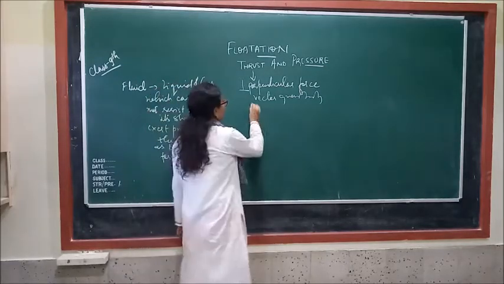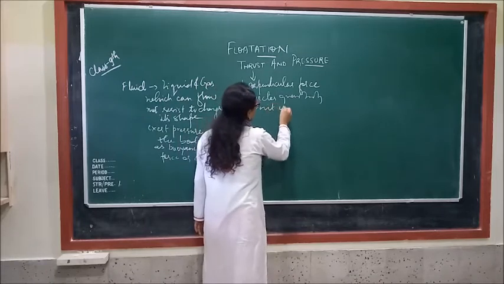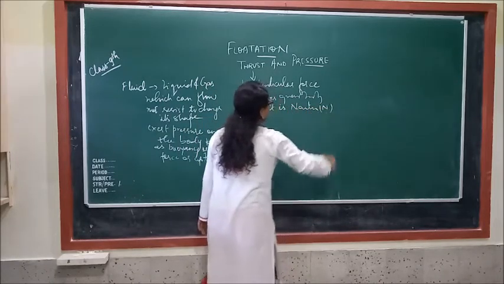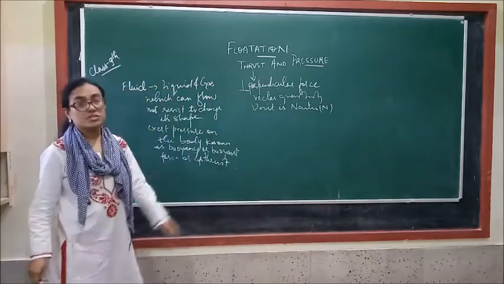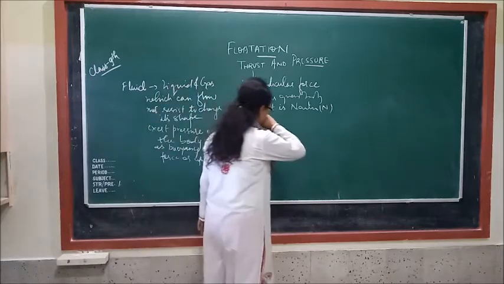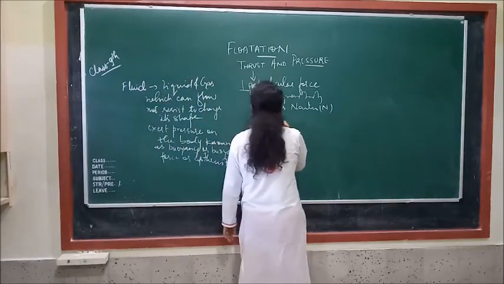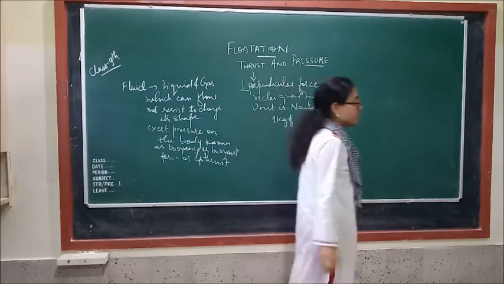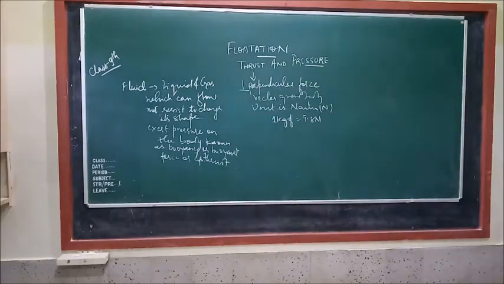The unit is Newton, which is represented by N, like force and like weight. And this is your relation: 1 kg force is equal to 9.8 Newton. You can see this on the blackboard.